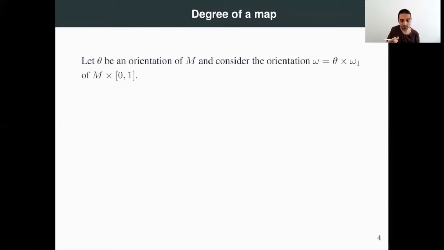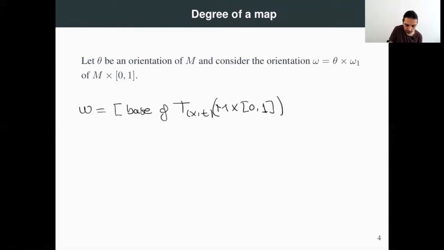What does it mean, this product? Okay, in order to define this orientation omega, we have to provide, first of all, we have to consider here the class of base of the tangent space at some point xt of M times the closed interval. Okay, this is the orientation at the point xt.